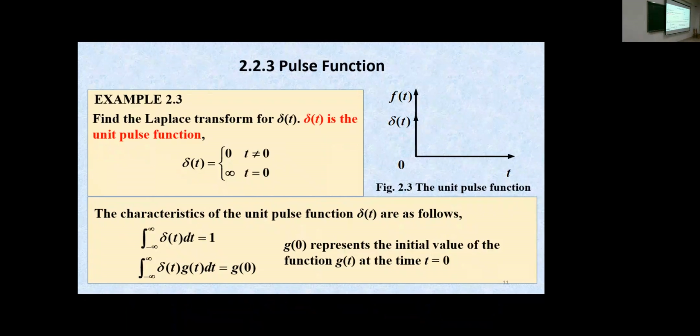Any more? Start. Just take that. So what's the question?